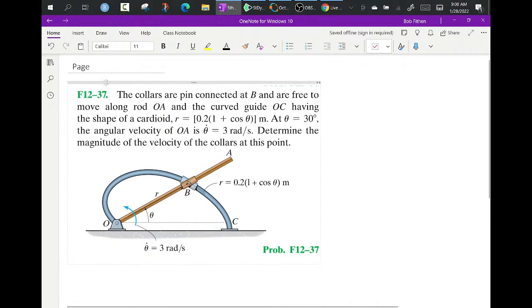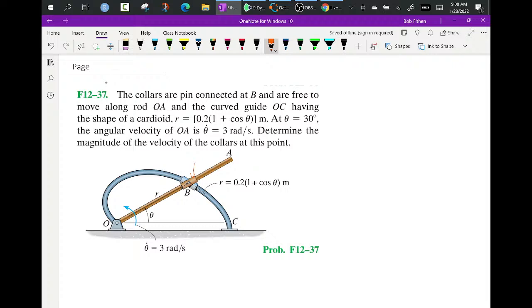So if you look at this, he says the collars, meaning this collar and that collar, are pin connected at B, so there's a pin through those, and they're free to move along this rod, and free to move up and down that.